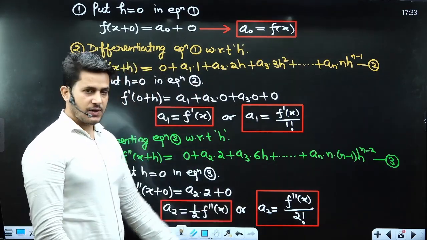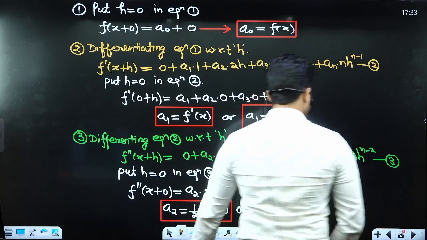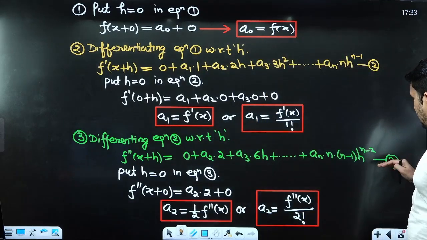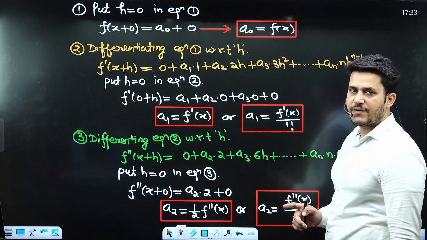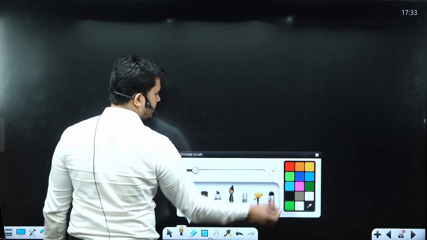Let us differentiate equation number 3 once more.